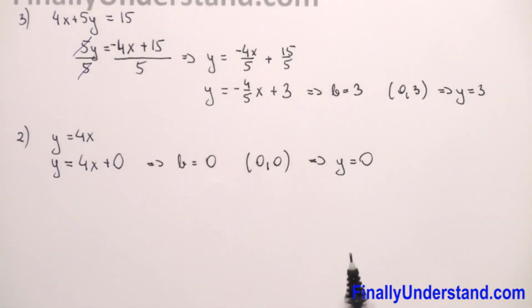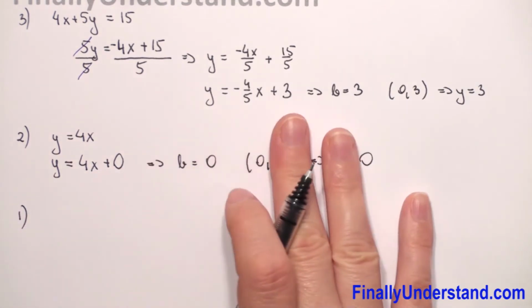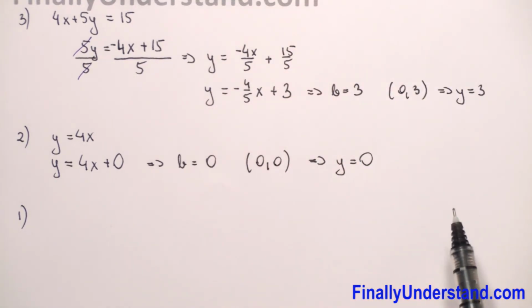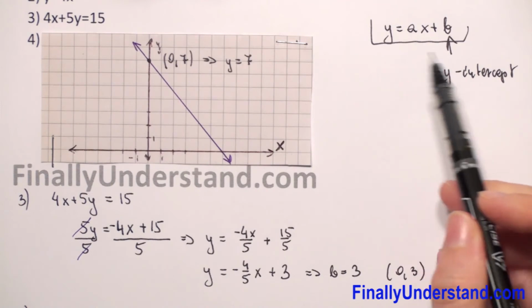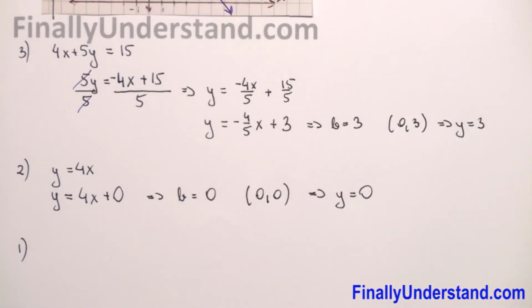So what we have been given, let's copy. This is the first statement. Let me maybe write once more the general form of a linear function, because we have a line here.